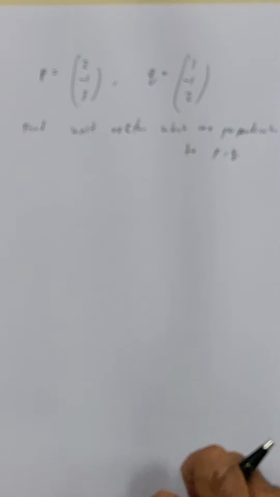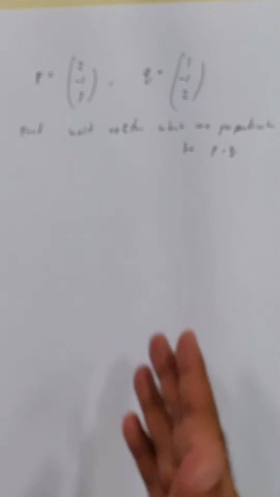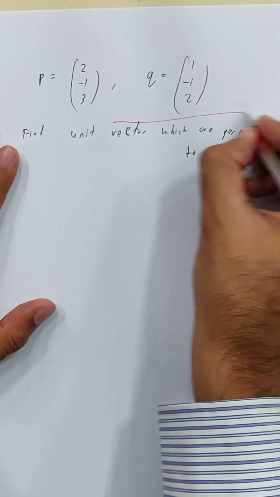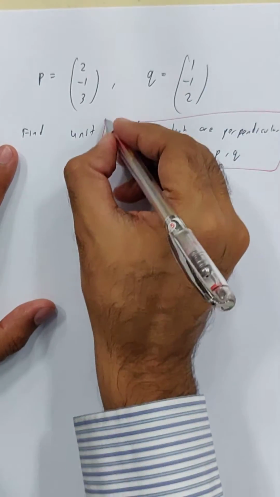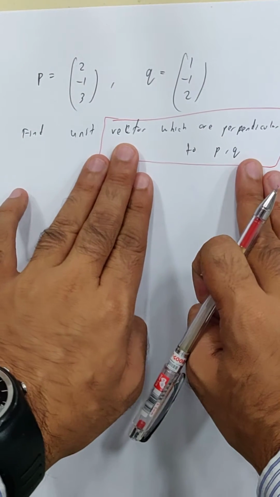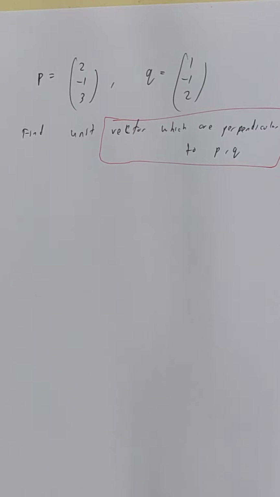How do we begin? By firstly understanding what the question wants. It's a long sentence there. Annoying, like I said just now. Now, what is actually a vector which are perpendicular to P and Q? What does it mean by vector perpendicular to P and Q?